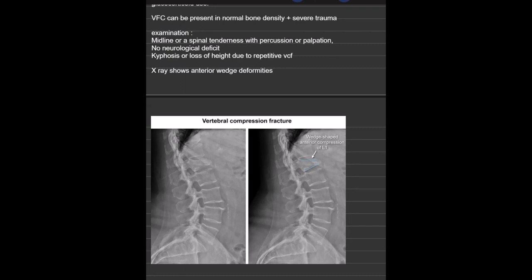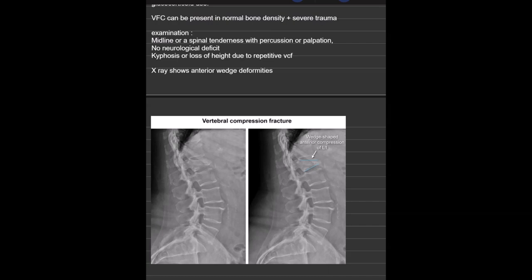I would like you to look at this X-ray. The vertebral column should be like this. They are always like this. There are no abnormalities in this, and there is a good gap in between them. But compared to this one, it is a little different. That means there is wedge-shaped anterior compression of L1.